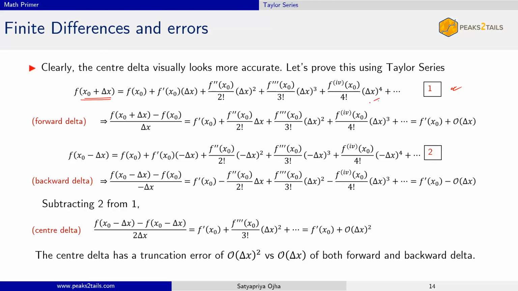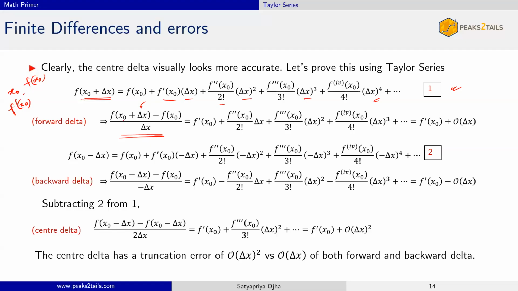There are some more terms that we did not see in that, but these are all natural: first derivative times linear change, second derivative divided by 2 times quadratic change, third derivative divided by 3 factorial times cubic change, etc. For forward delta, we start with the function value at x0, and we want to find the derivative of the function at x0 using finite approximations.